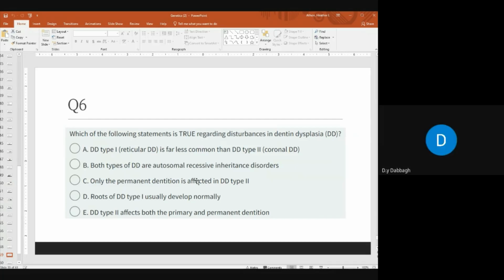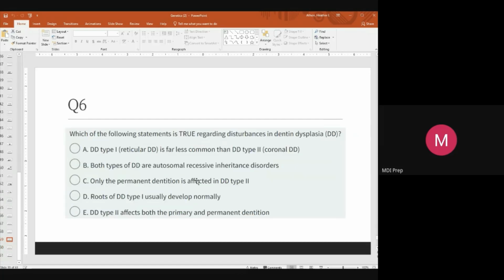D. Root of type 1 usually develop normally, but type 2, it's very short. Close. You got it backwards. So I think I made it confusing because I presented type 2 first.